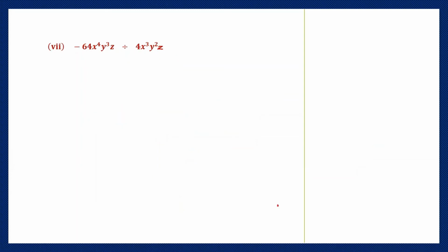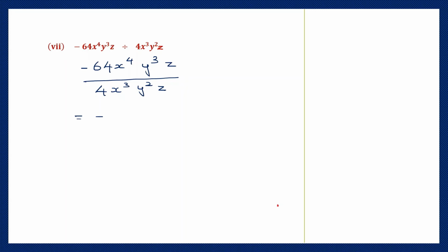Question 7. Here we have minus 64. Let's write that down. Minus 64 x to the power of 4 y to the power of 3 and z divided by 4 x to the power of 3 y to the power of 2 and z.